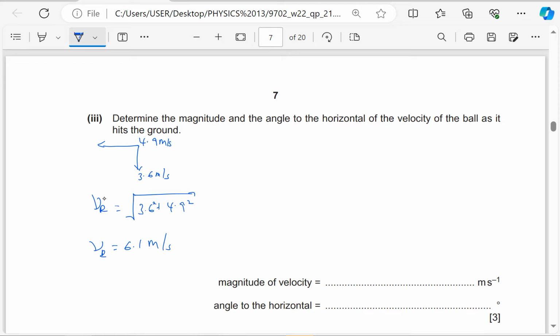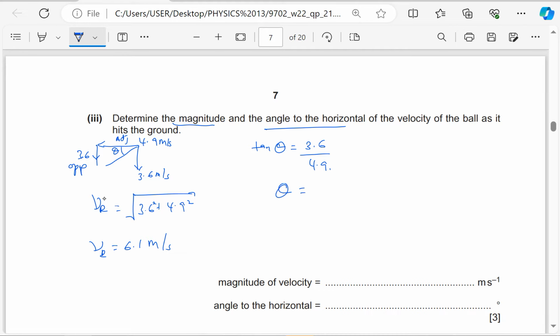So that is the magnitude. Then we have the angle. If I want to find the angle to the horizontal, so I want this angle here. If the horizontal is 4.9 and the vertical is 3.6, I have the opposite and I have the adjacent, so that is tan. So I'll say tan of theta is 3.6 divided by 4.9.